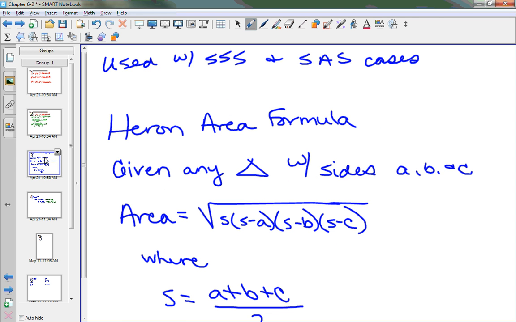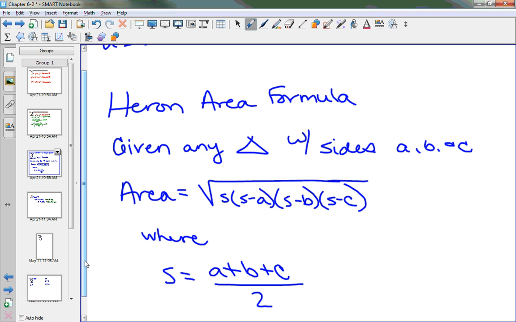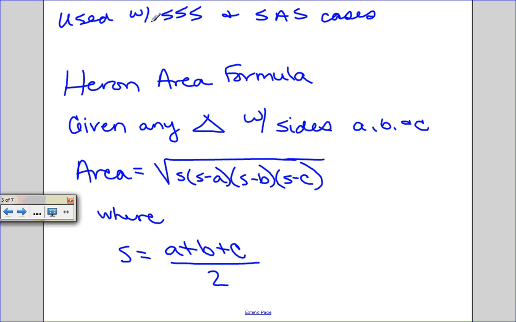Heron's formula for law of cosines is used for side, side, side, and side, angle, side cases. Given a triangle with sides A, B, and C, the area is equal to the square root of s times s minus A times s minus B times s minus C. This is on page 404, the blue box.